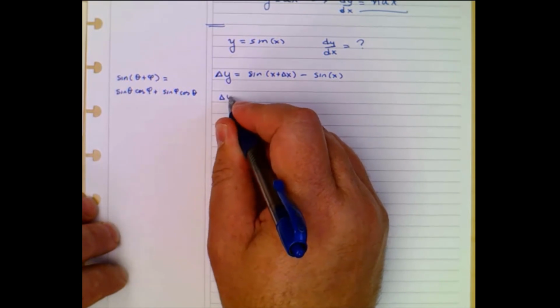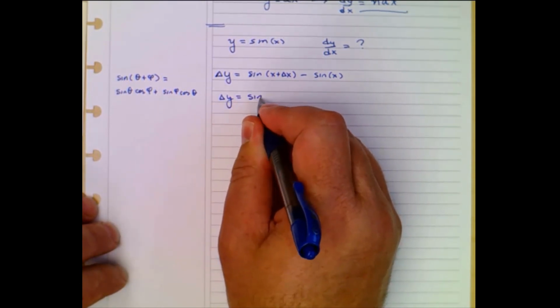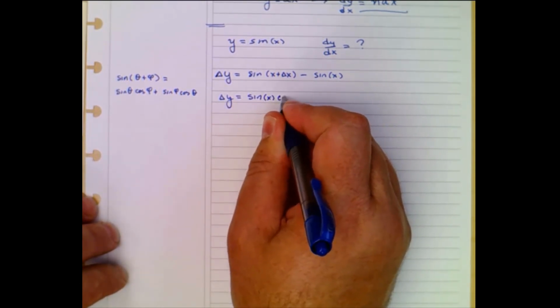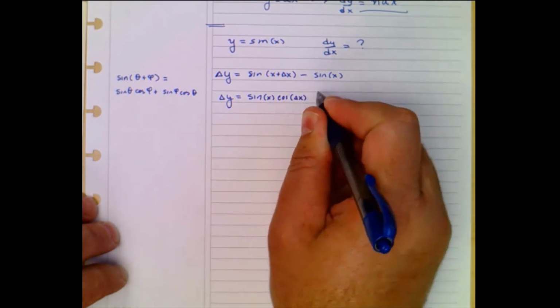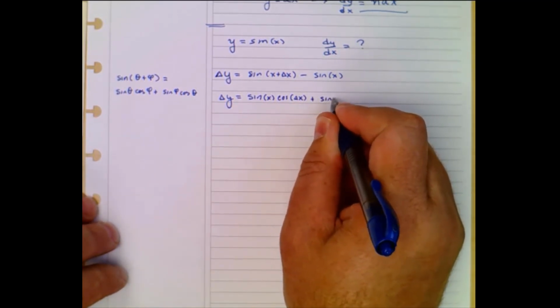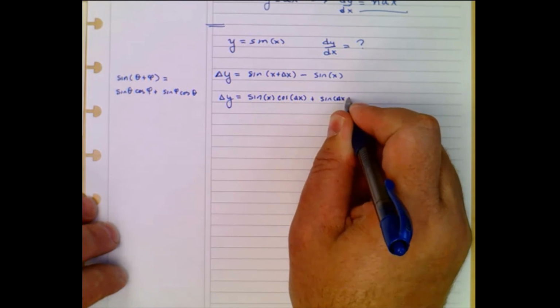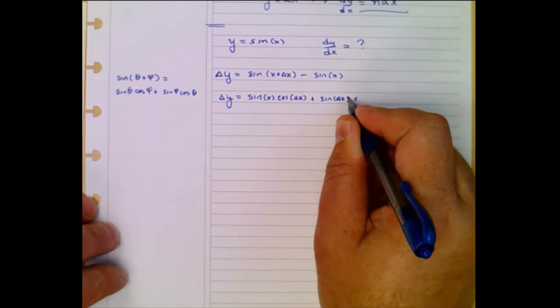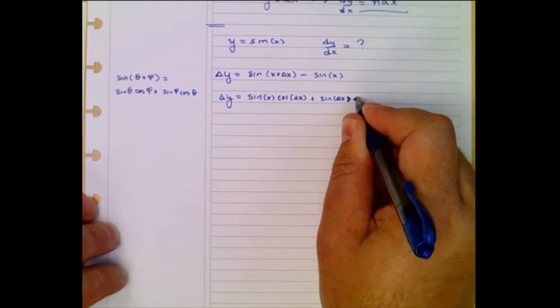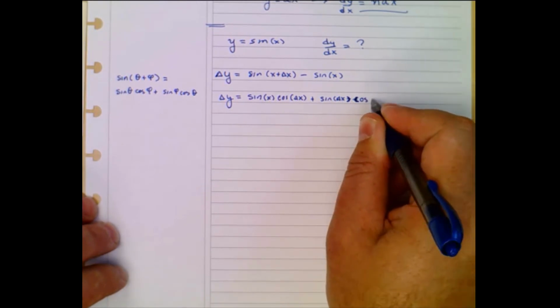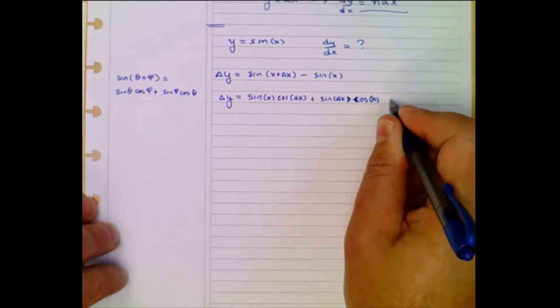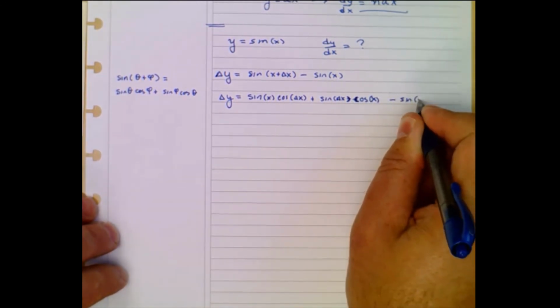So we can write delta y as sine of x times cosine of delta x plus sine of delta x times cosine of x, and then subtract off sine of x.